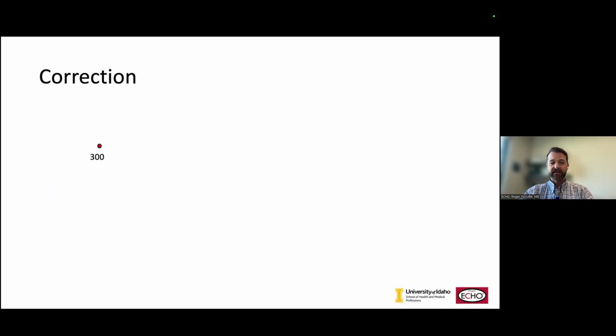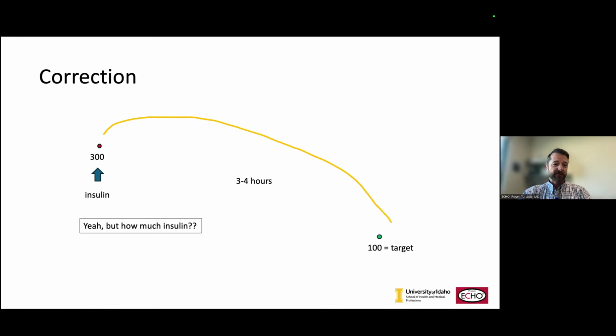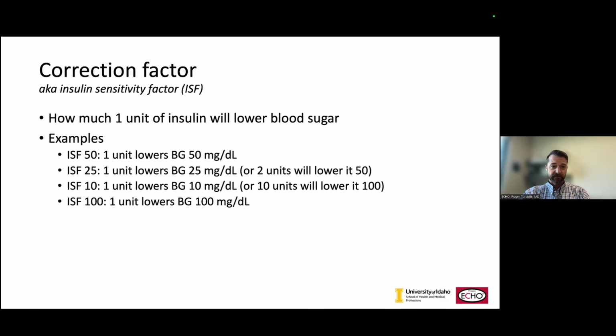So if we take their blood sugar of 300, we're going to ask them to give some insulin for that blood sugar. And ideally, after 3 to 4 hours, their blood sugar will normalize, and we've arbitrarily set a target of 100 here. But same issue: how are we supposed to know how much insulin it would take for a person to bring their blood sugar from 300 to 100?